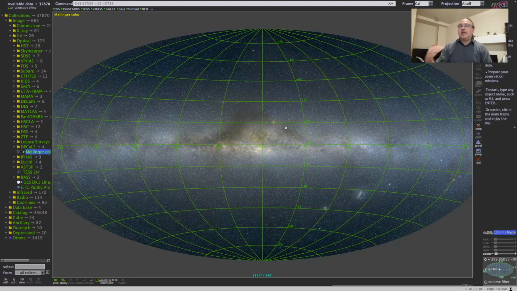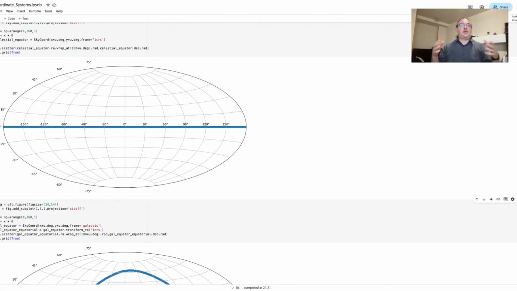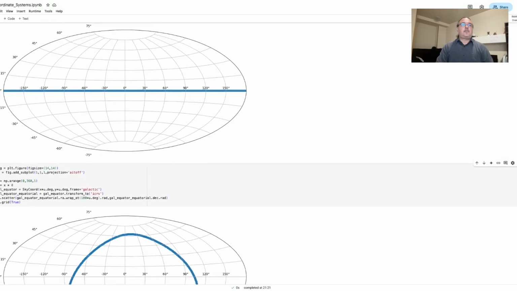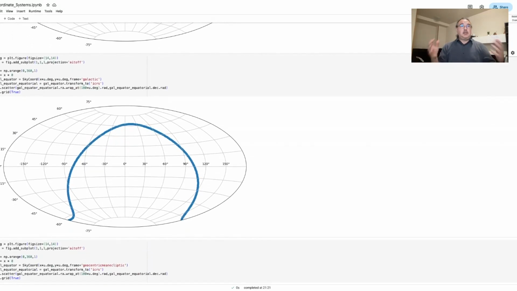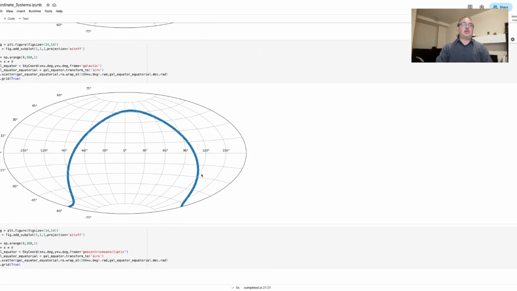So I am actually using another plane to describe the sky. If this is our normal coordinate system, this is how the plane of the Milky Way looks in our funny coordinate system, right?